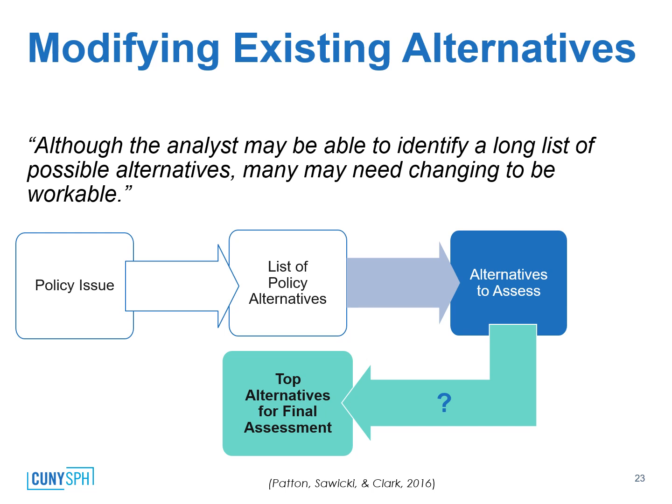So in this diagram, we show the progression from our policy issue, a list of policy alternatives, narrowing these alternatives to those that we wish to assess, and finally, to identifying top alternatives for final assessment.